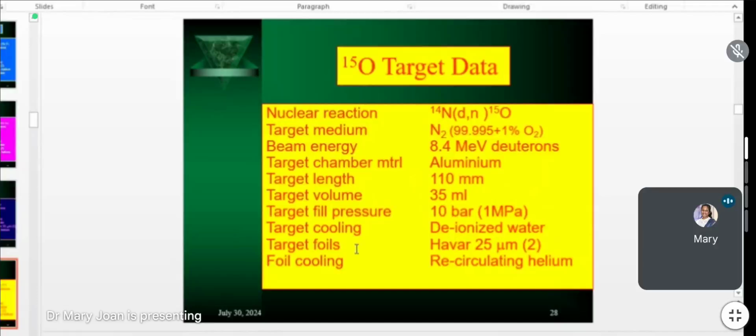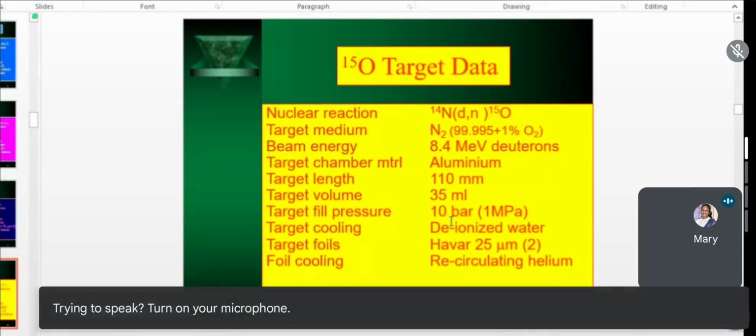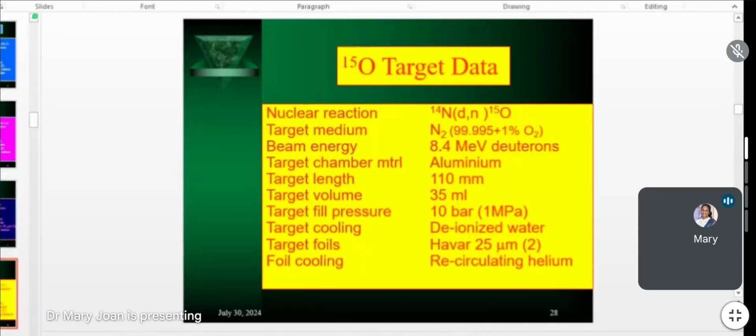And oxygen 15 is produced by irradiating nitrogen gas with 8.4 MeV deuterons. So the N14 deuteron-neutron reaction gives rise to oxygen 15. This equation you need to remember, and the half-life you need to remember. Other things, if you can remember, that will be good.